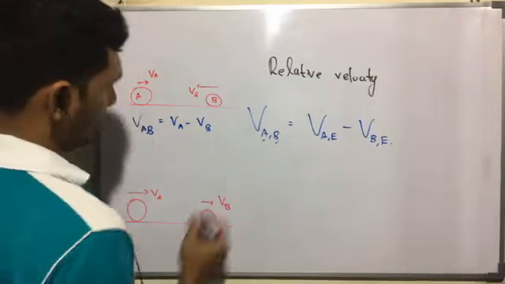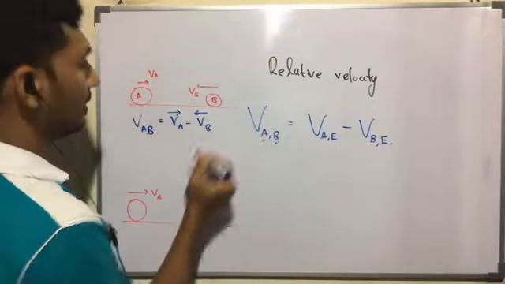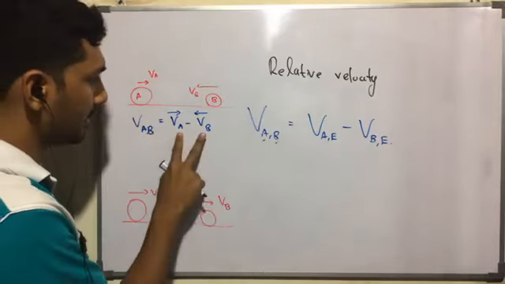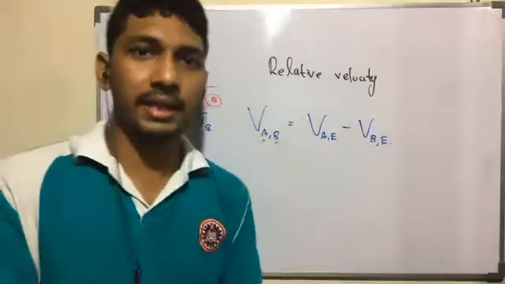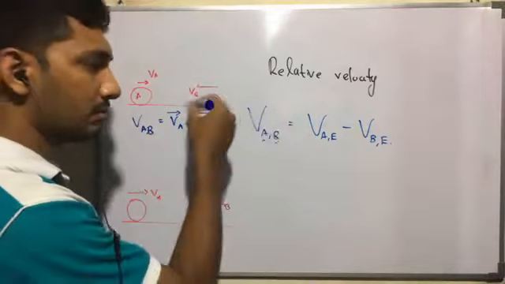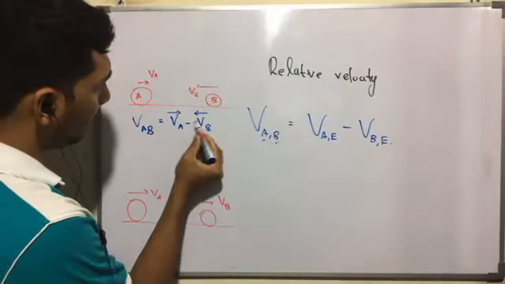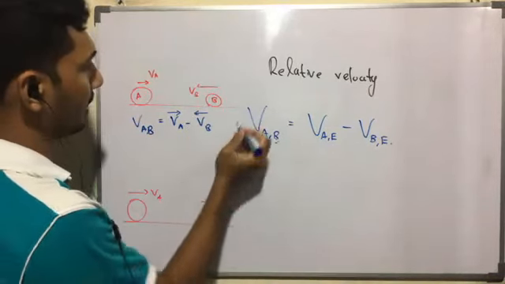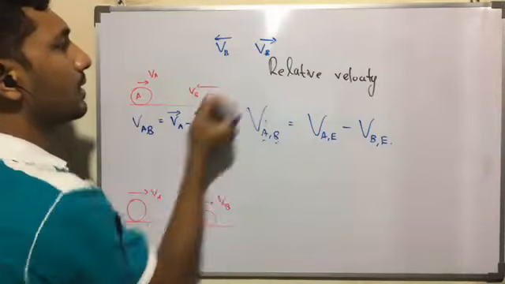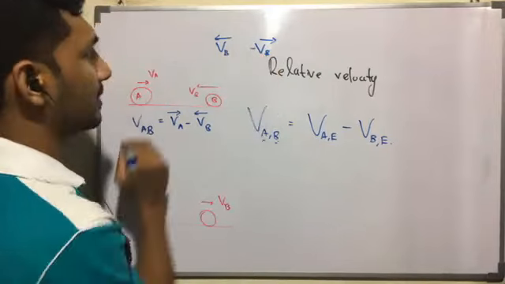And if you see, the directions are different. This is in this direction, this is in this direction. So you can't add two vectors with opposite directions. You have to convert one of them to the same direction as the other. So I'm going to convert V_B to the other side. To make it technically correct, I have to put a minus.